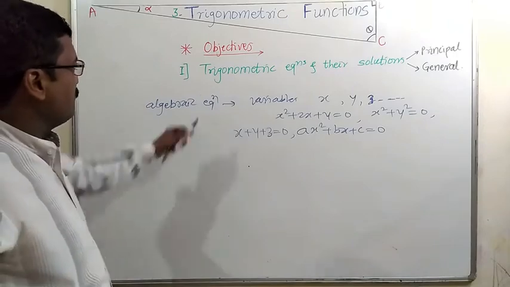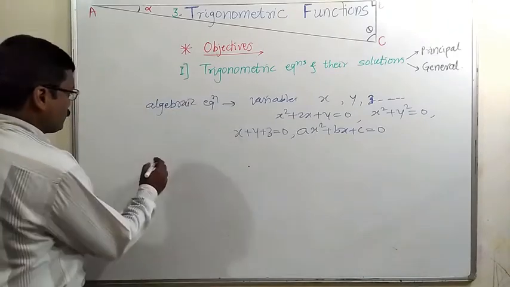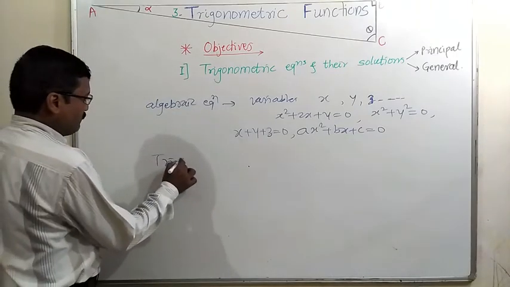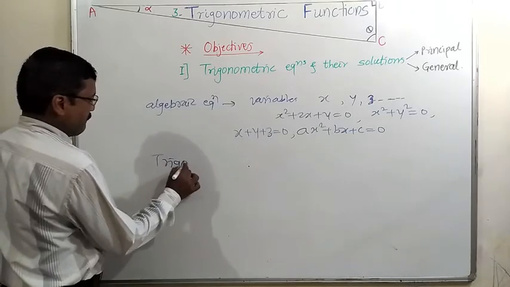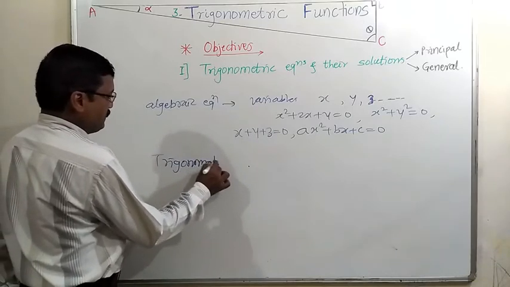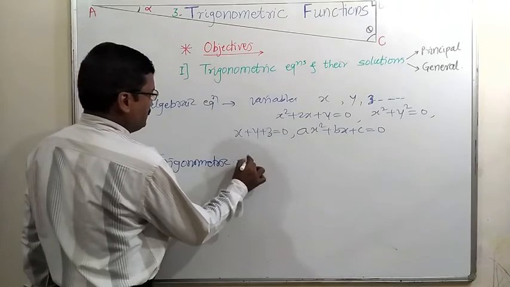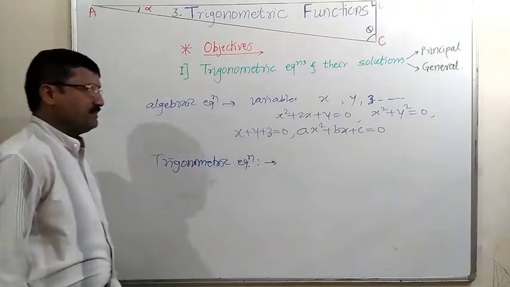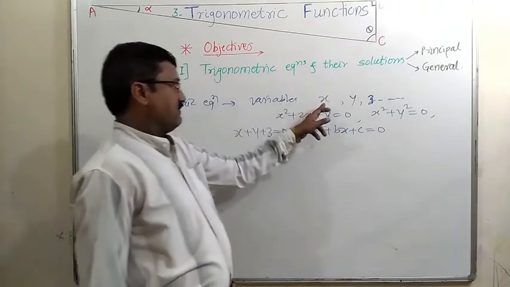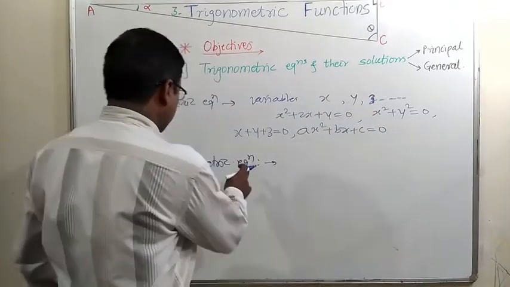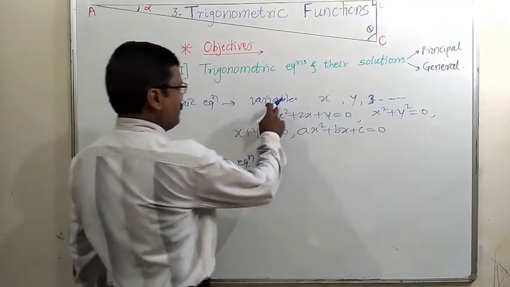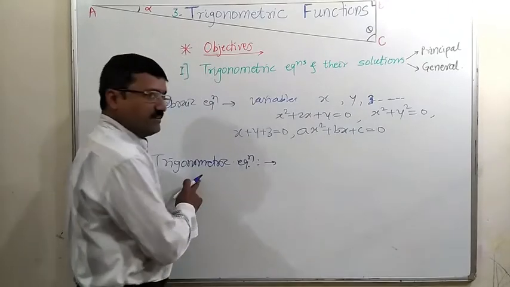Now in this class we will study the trigonometric equation. What will be the difference between algebraic and trigonometric equations? Obviously in algebraic equations the variables are letters x, y, z. In trigonometric equations, variables will be the angles of trigonometric functions.